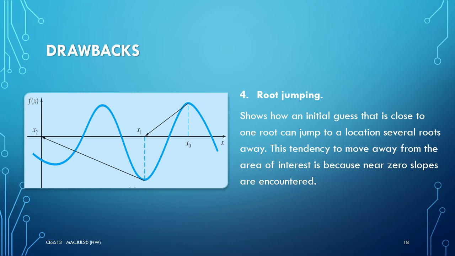The figure shows that an initial guess, which is actually close to a root, here or here, can jump to several roots away. So instead of going to the actual root, it will jump to another location and then move away from there. This tendency to move away from the area of interest is because near zero slopes are encountered.